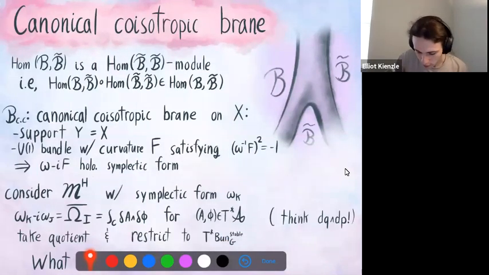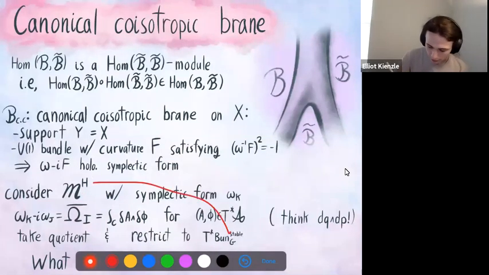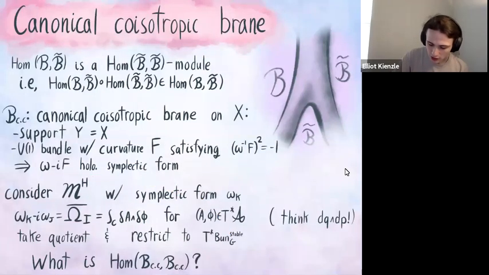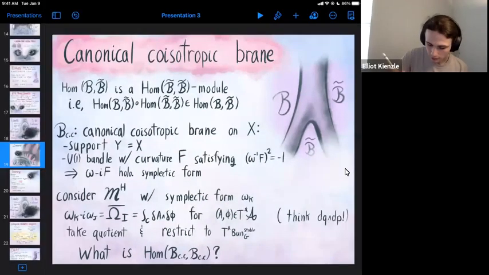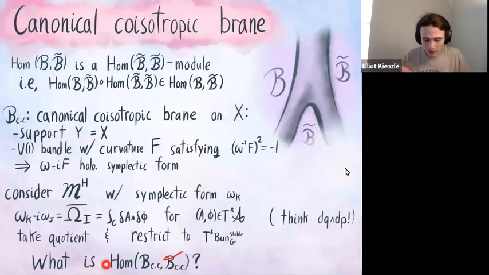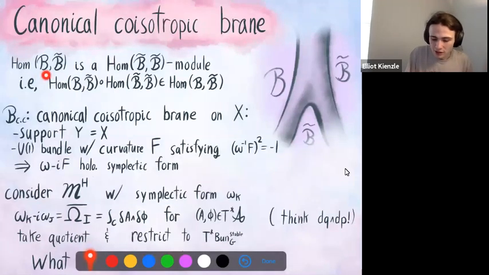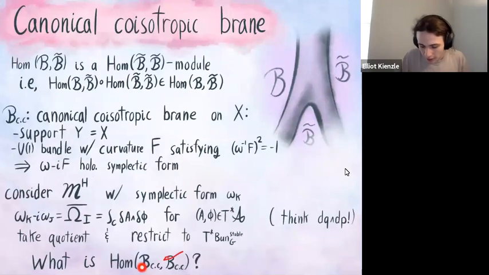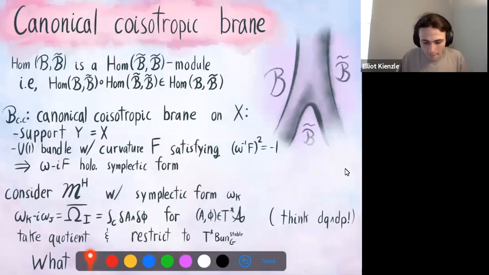This is a smooth manifold, and as we said earlier, it sits densely inside of this guy. So this is our setup. Now the question is, what are the homomorphisms from the canonical coisotropic brane to itself? Because remember, any string state is a module of these guys. So let's look at that.